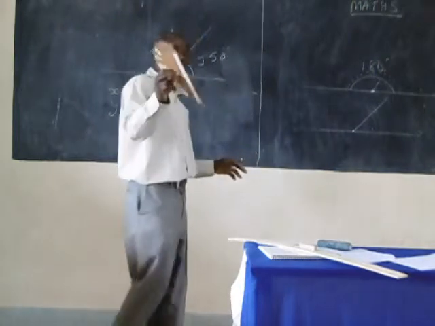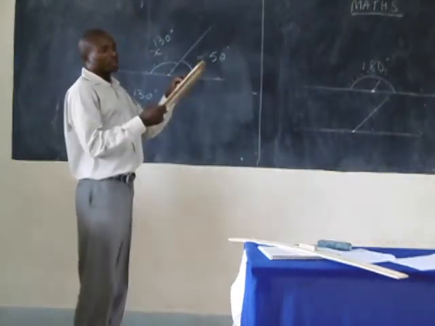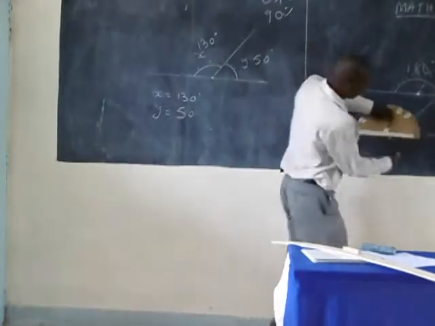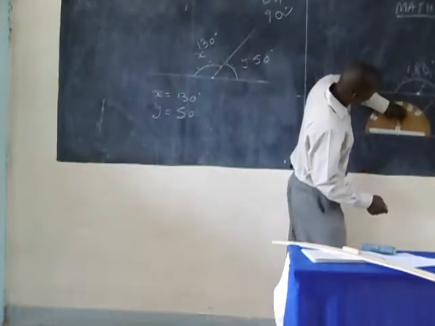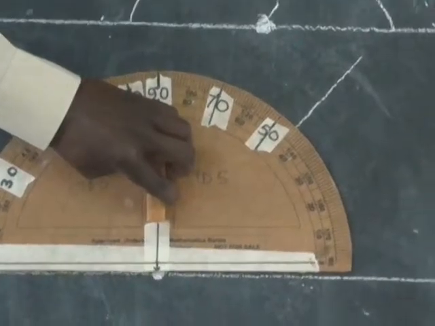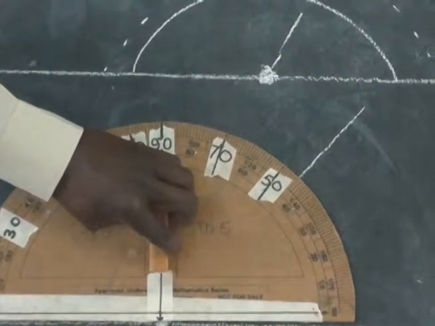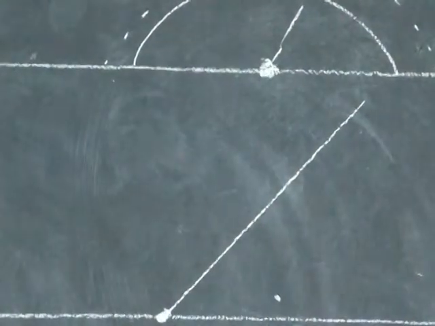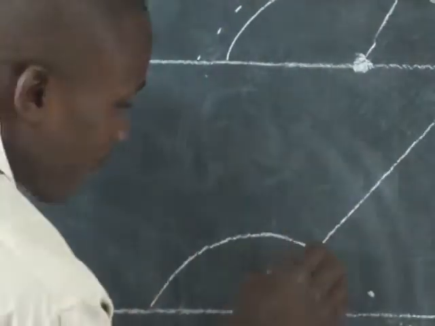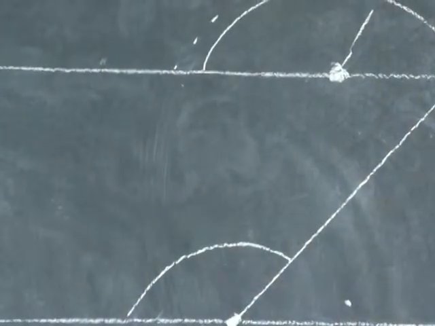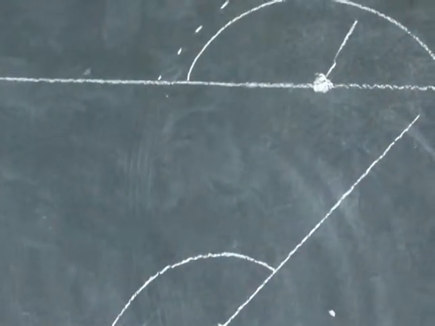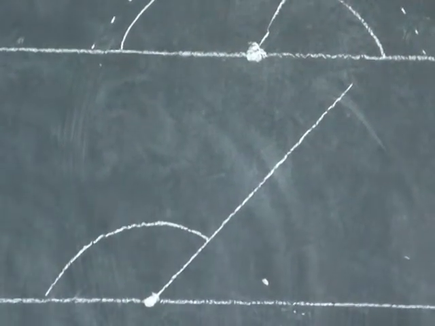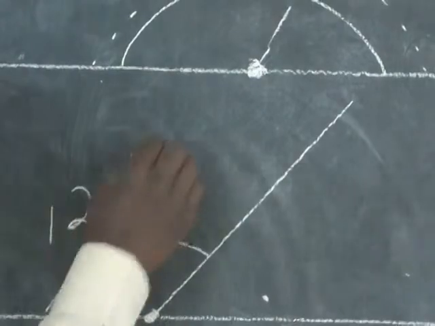Hold your protractor upright. Place it so that the midpoint of your protractor meets the point at which you want to construct. Measure this angle. Yes, what do you get? 120 degrees. Very good.